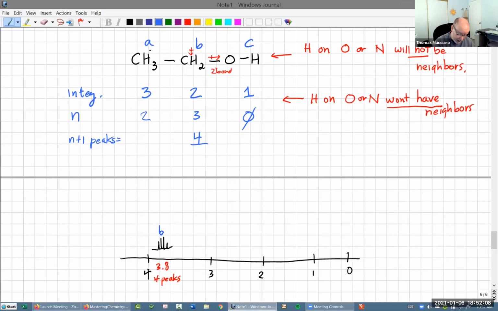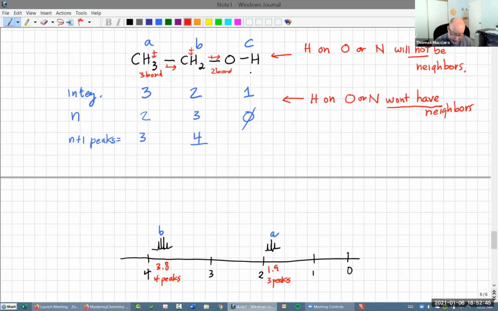Now, if we look at these hydrogens, do you see that these are 3-bond? Remember how we talked about 3-bond is not as big an effect? They're going to be about 1.9 or so. And they only have 2 neighbors, so they're going to have 3 peaks. So it's going to look more like this. Say 1.9, 3 peaks.